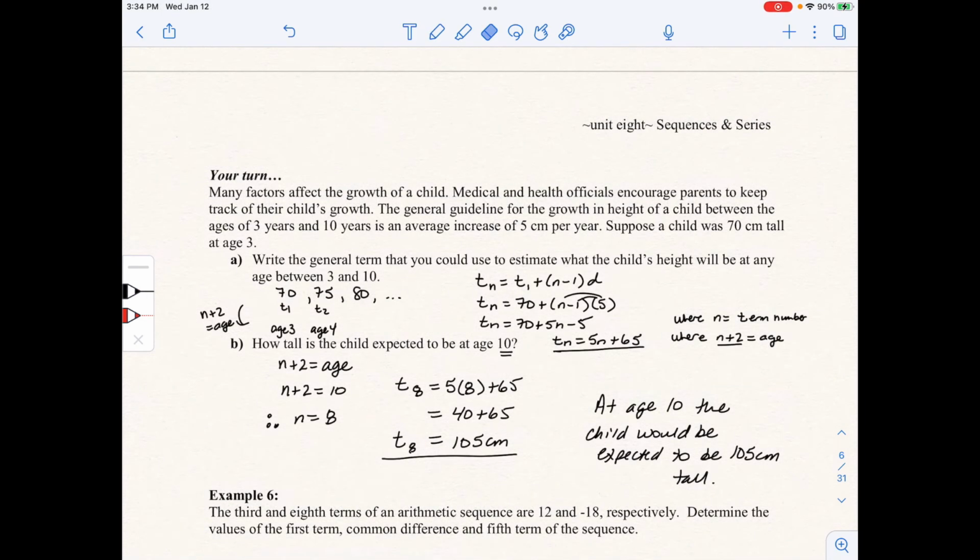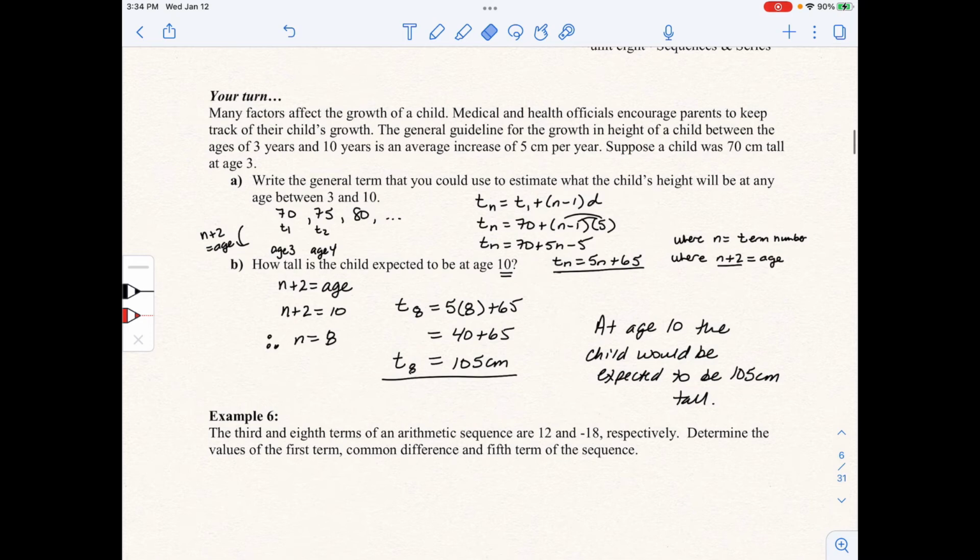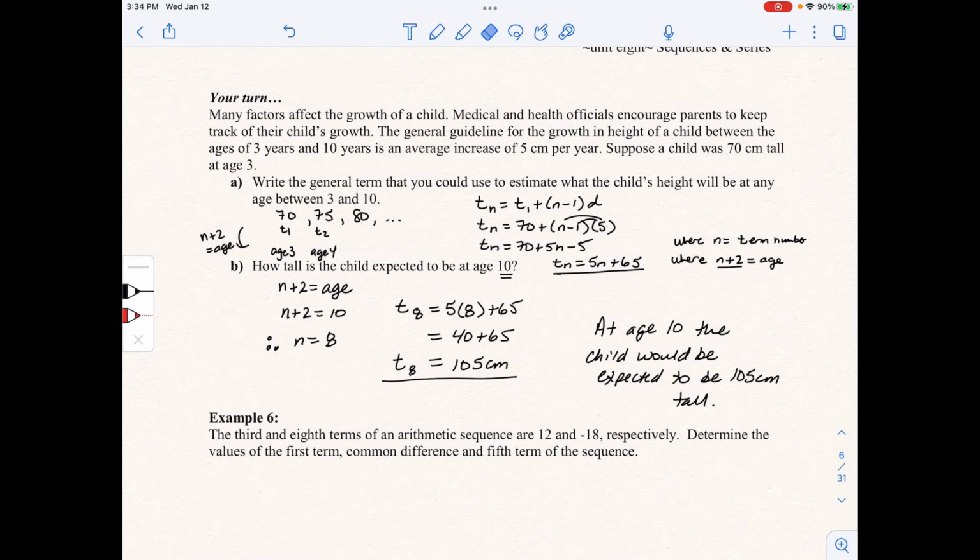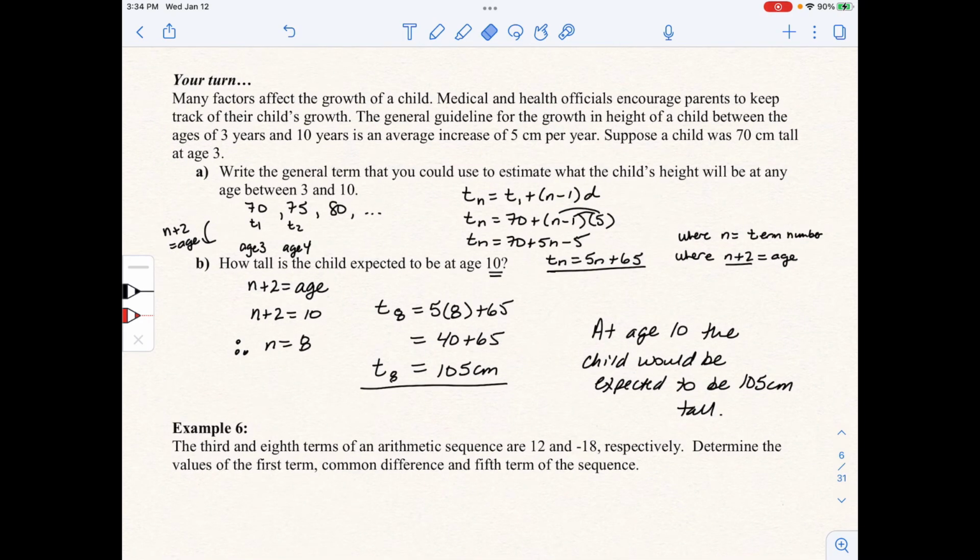All right, so hopefully you tried this one here, the your turn. I would like you to try this one. I guess the trick with this one is it's very similar, but note that term 1 is at age 3, and term 2 is at age 4.